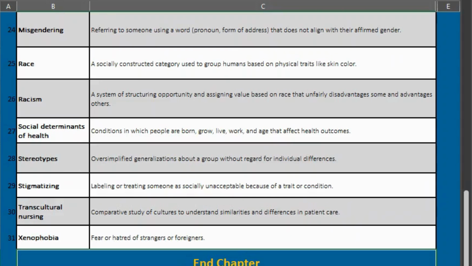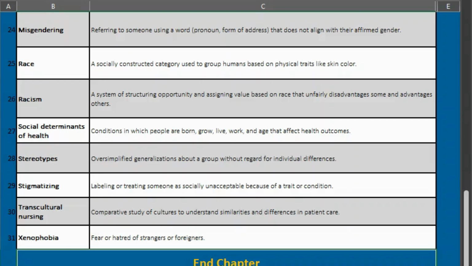So this is all of the keywords of chapter 3, and they are very important to remember when you do a quiz and study for the outline and the whole chapter.